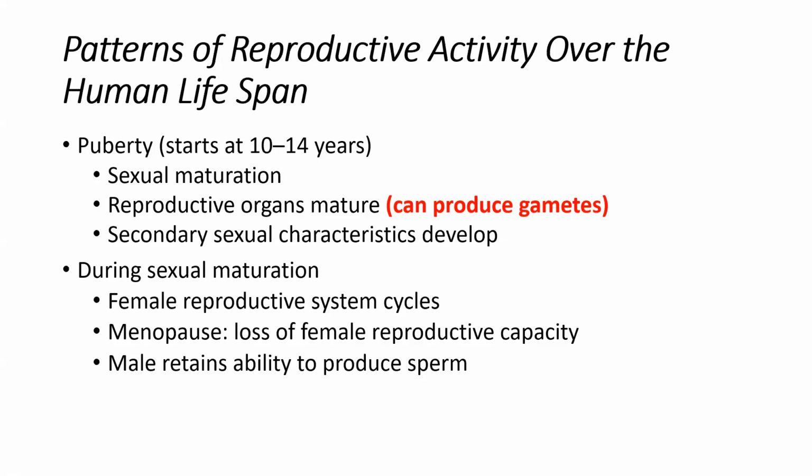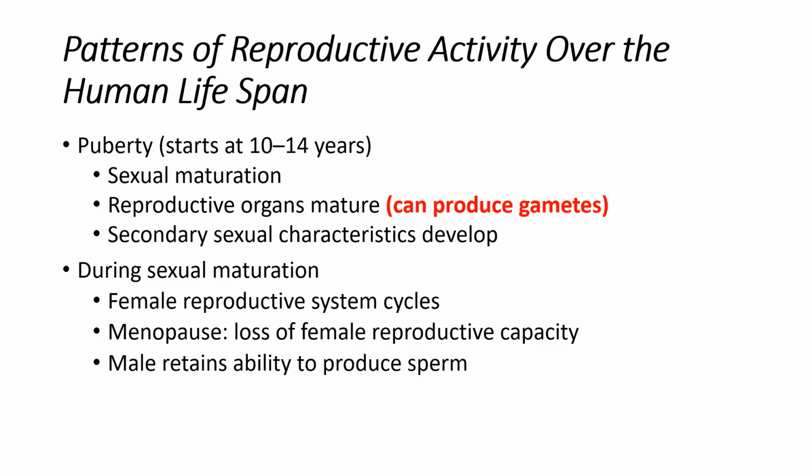So we've got the reproductive cycles beginning, the process of developing sperm, and the process of developing ovum, which is the menstrual cycle. And that leads us all the way up to menopause in females, which is where females lose their reproductive capacity. They're no longer producing viable ova each month.